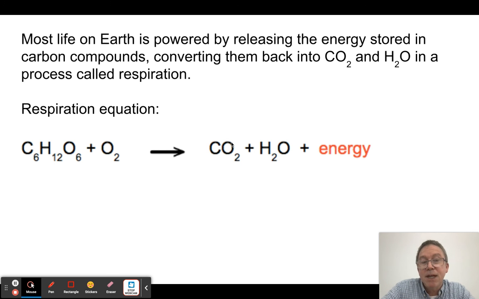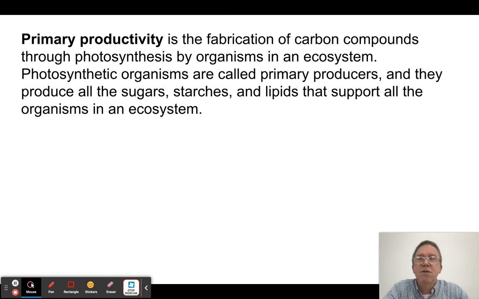But this is basically why plants engage in photosynthesis in the first place, so they can release this energy. Essentially, plants make their own food and then eat their own food. The rest of us have to eat the food that plants make. So we call plants primary producers because they are the first ones to produce these sugars, and the rest of us are the consumers of that. More on that in future talks.